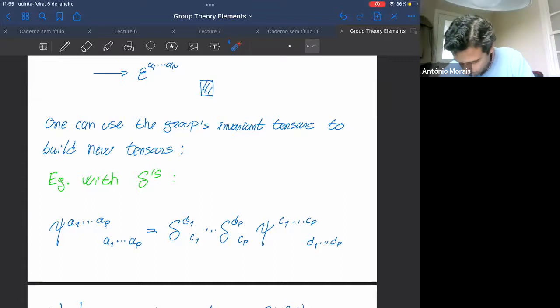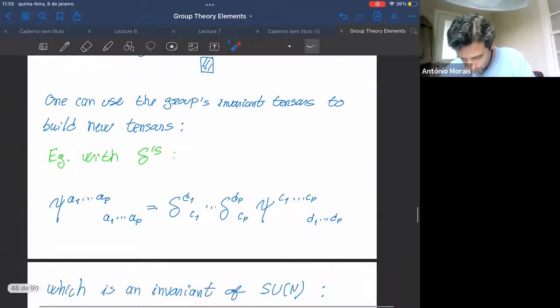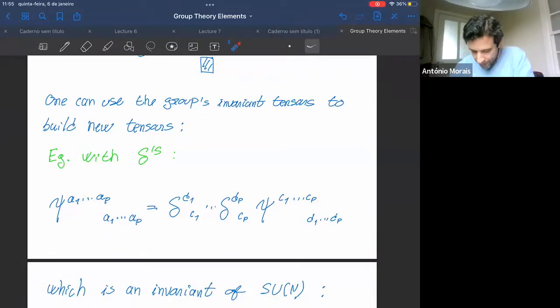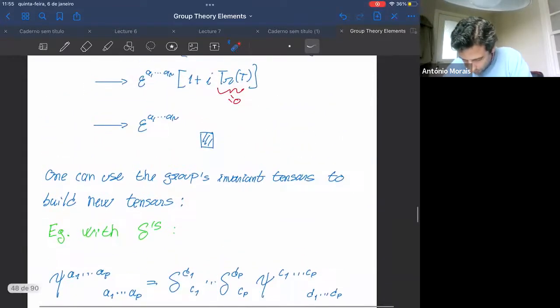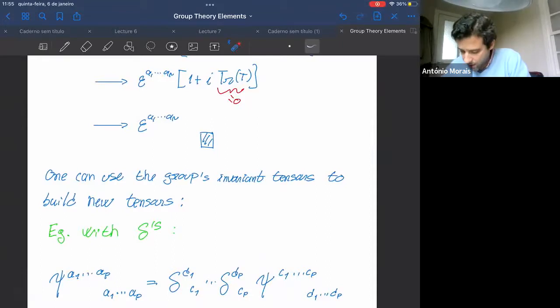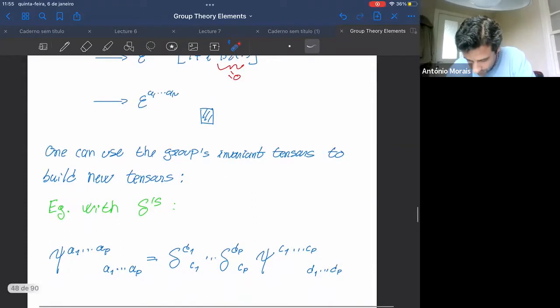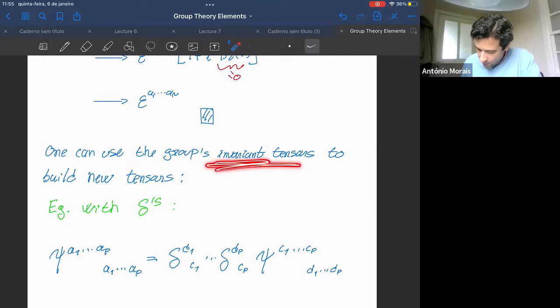Let's go back to the group theory. We have already shown in the previous lecture that we have invariant tensors, epsilon and delta. Now we can use these invariant tensors to build new tensors, as I said.